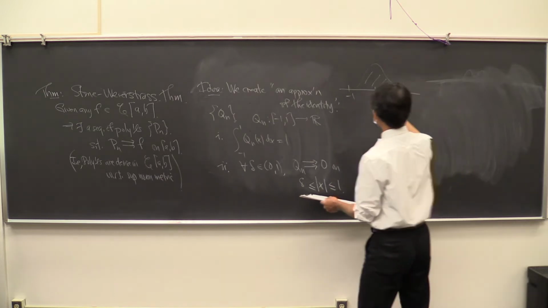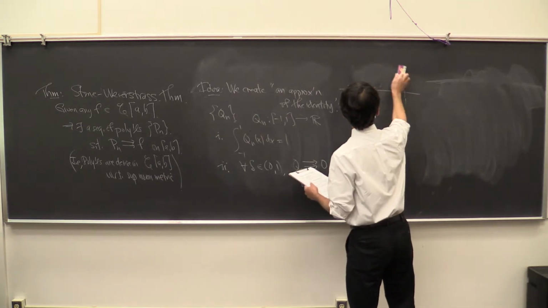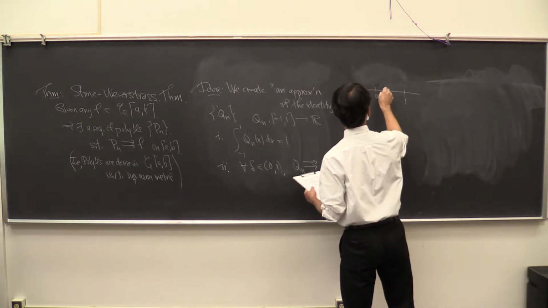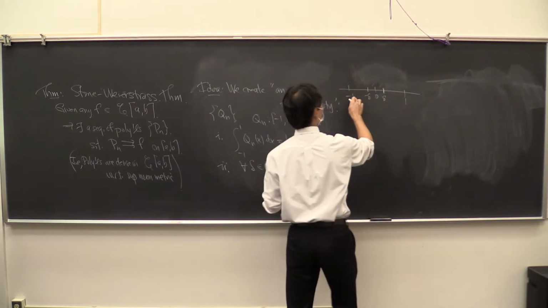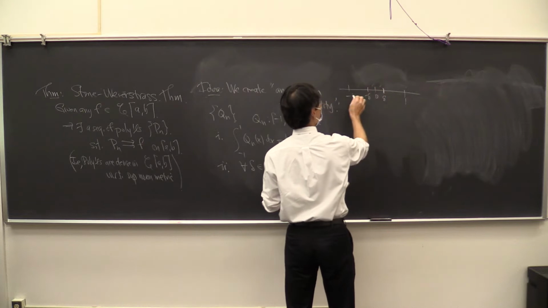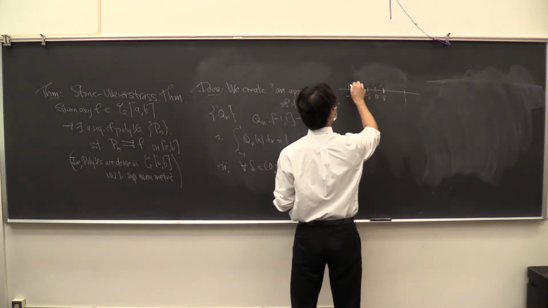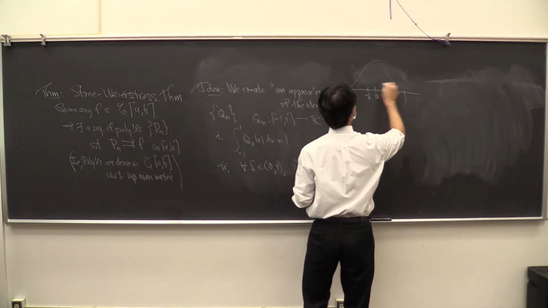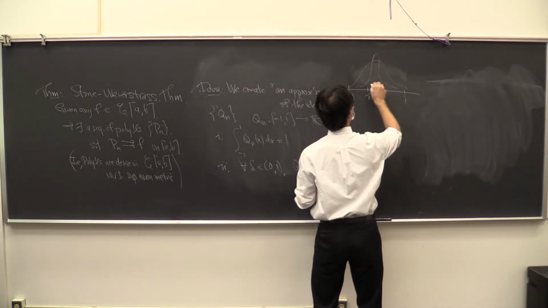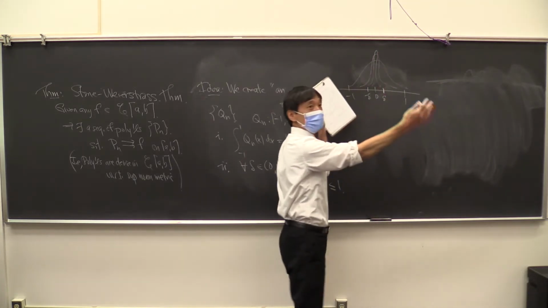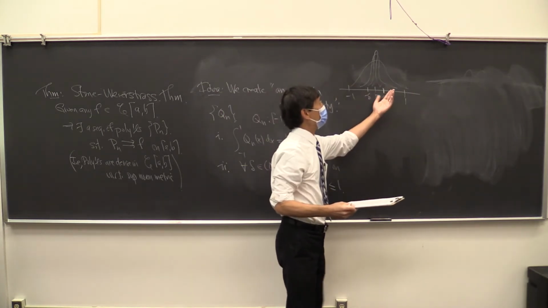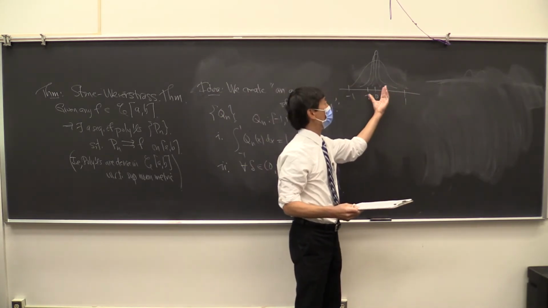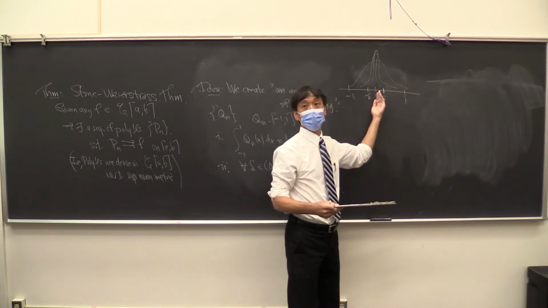But whenever we fix a delta, here's negative delta, and we look at the sequence of functions, the mass is going to start getting concentrated. As n goes to infinity, the mass becomes more and more concentrated towards 0.